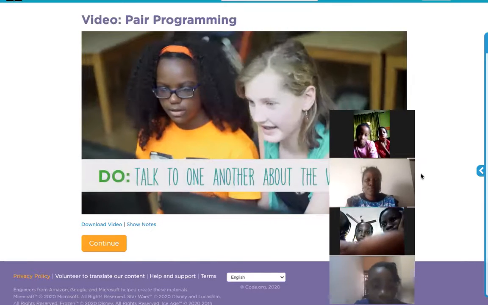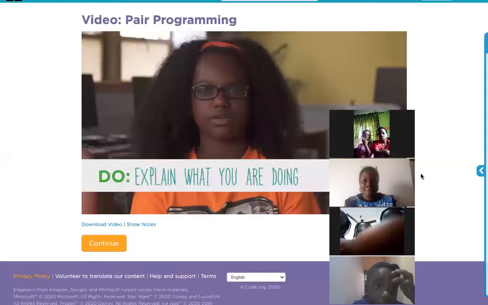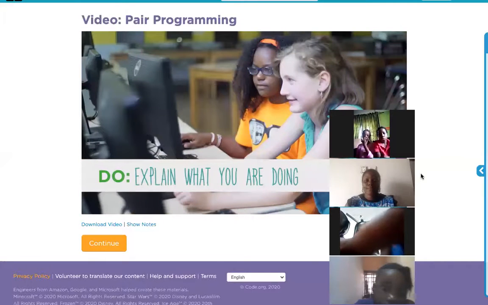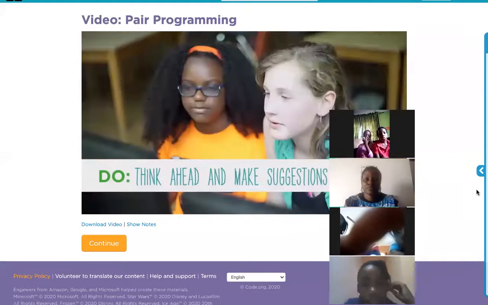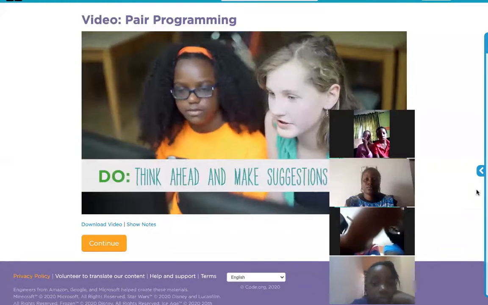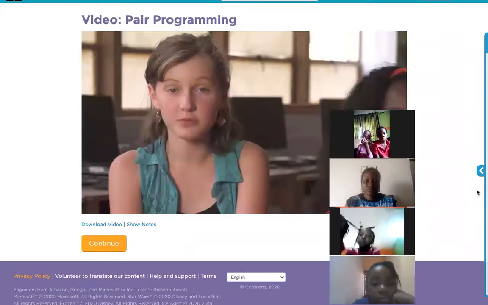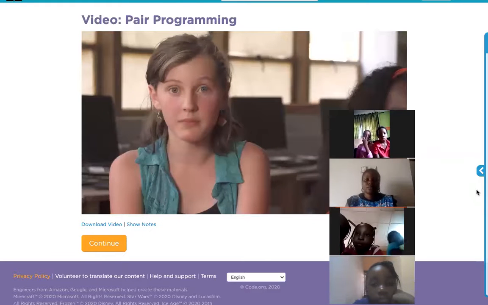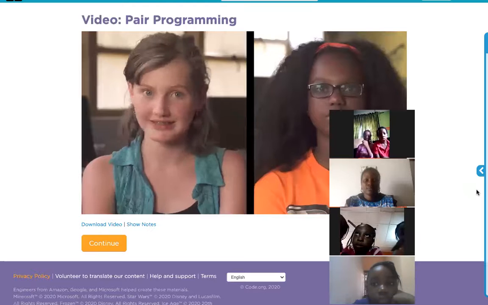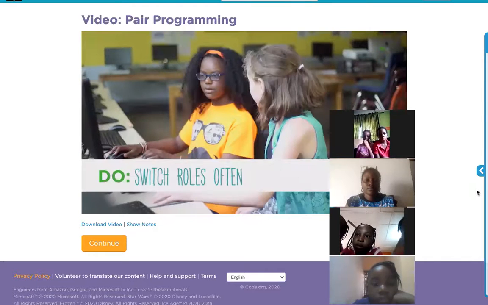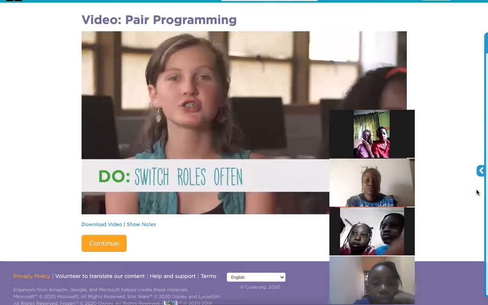The driver can explain what she or he is doing, and the navigator can help suggest what to do next. Can you write a program that makes the dog move to the target? The navigator should be thinking about the big picture, and the driver focuses on the details. Both roles are important. Want to switch? Okay. Be sure to switch roles often.